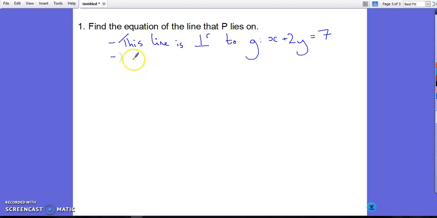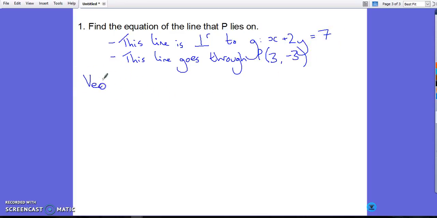We also know this line goes through P, which is at 3, -3. So, what can we say? Well, because this line here is in its implicit form, we know that the vector 1, 2 is perpendicular to G.